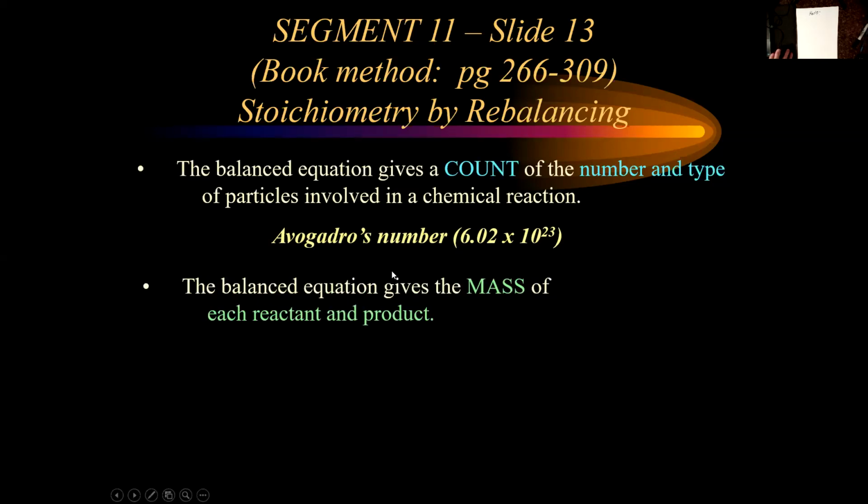Now, when you look at the balanced equation, it's showing the number of moles of each of the reactants that are involved and the number of moles of each of the products. But we can convert moles of sodium sulfate or whatever to grams. So the balanced equation is also giving you a mass of all of the things involved.